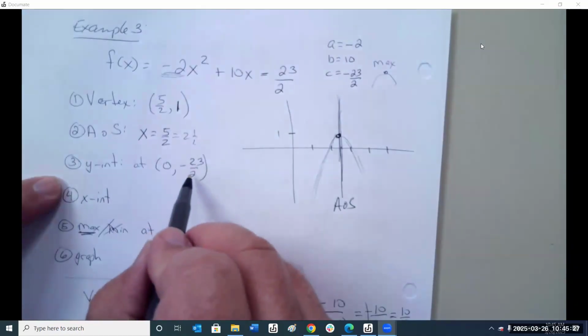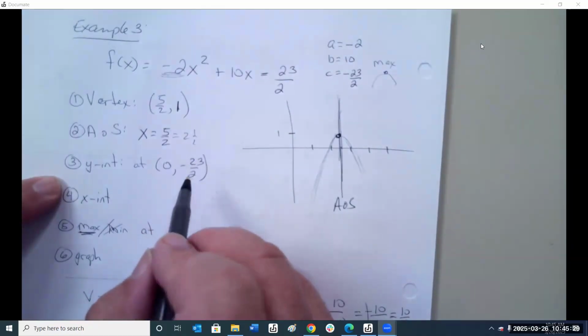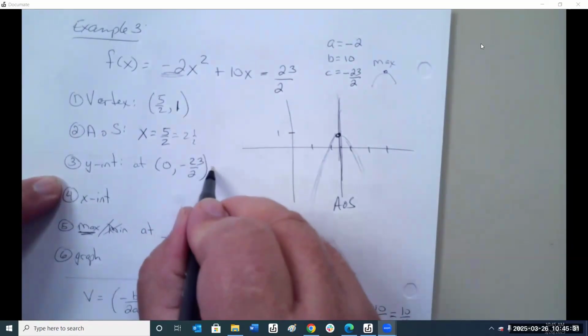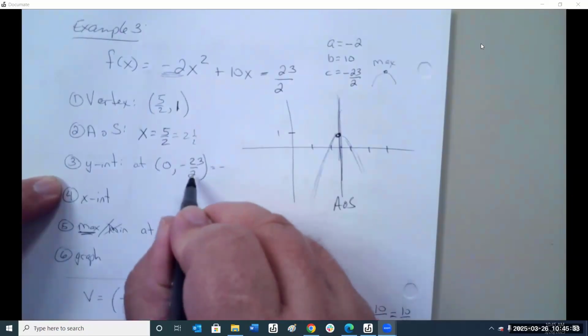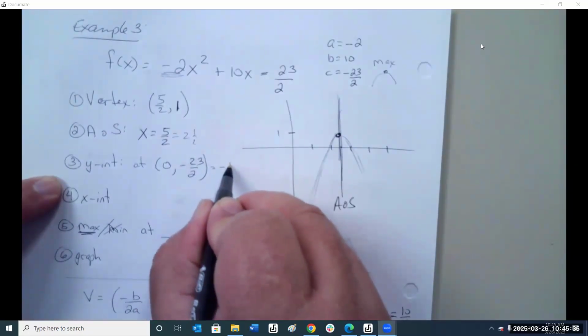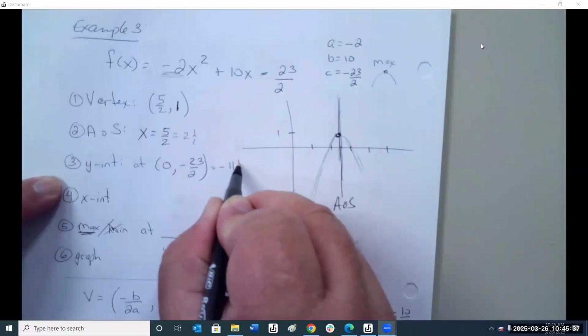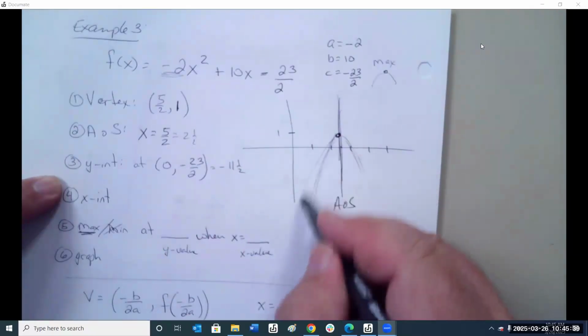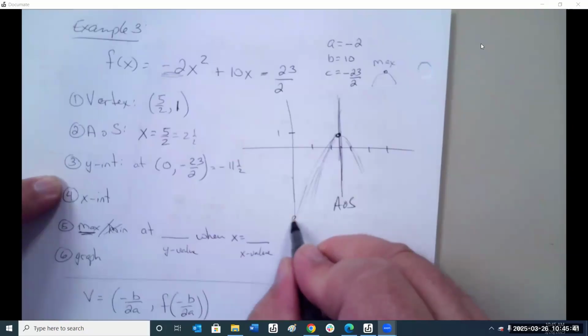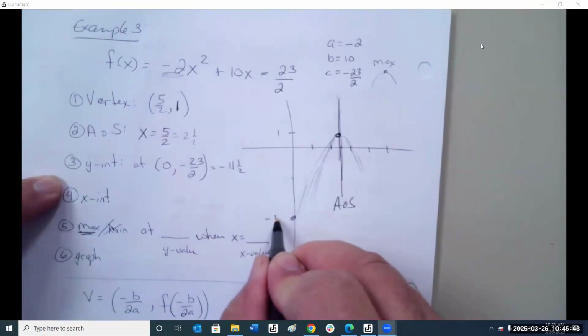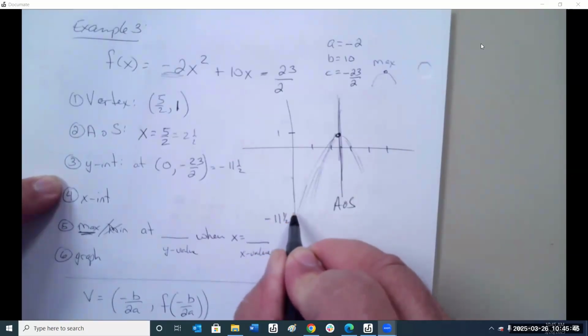The y-intercept is at negative 23 over 2, which makes it negative 11 and 1/2, since 2 goes into 23 11 times with 1 left over.